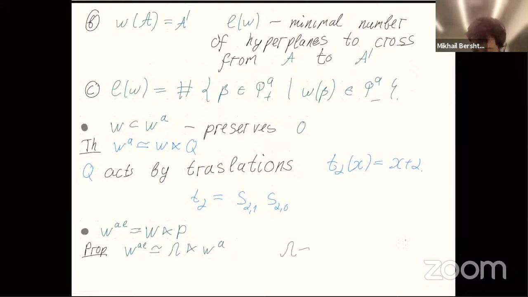This is a subgroup in the affine extended Weyl group which preserves the fundamental alcove.